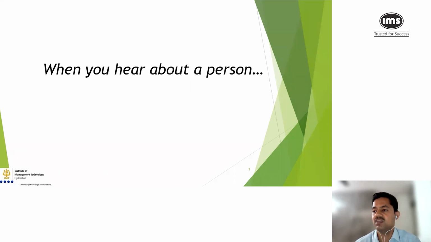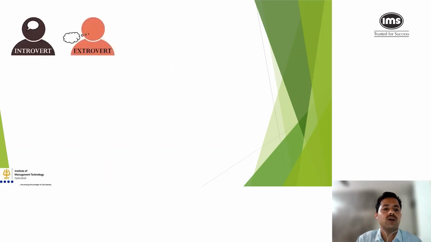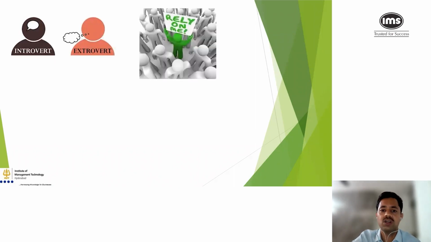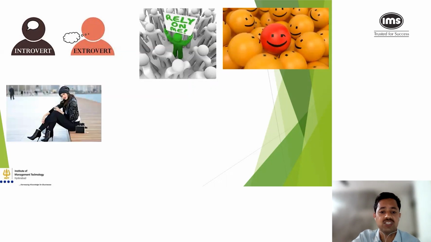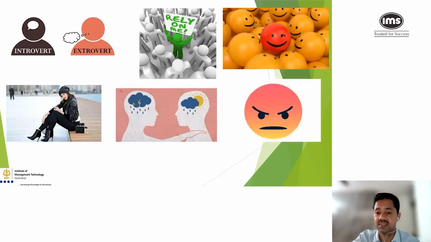So let's say somebody reminds you of a friend or an acquaintance, then you classify that person based on your experience. You could say, oh, this person is either an introvert or an extrovert, or he's someone very dependable, or he's a person who's usually very cheerful, stylish, or empathetic, or usually angry, or usually frowns on people.